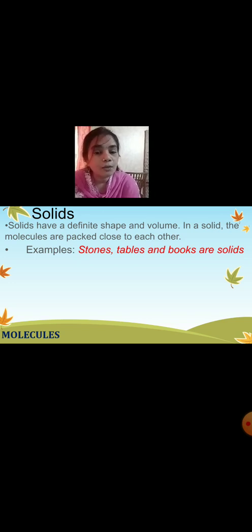So if you take a book in your hand, the shape is the same. Or if you keep it on the table, the shape of the book is the same. If you keep it inside the bag also, the shape of the book is the same because it has a definite shape and volume, and because the molecules are packed very close to each other.